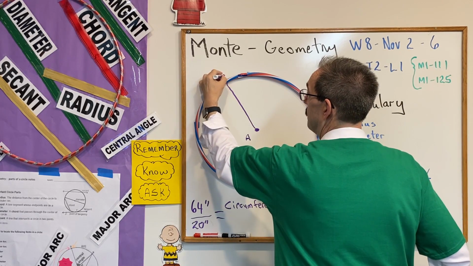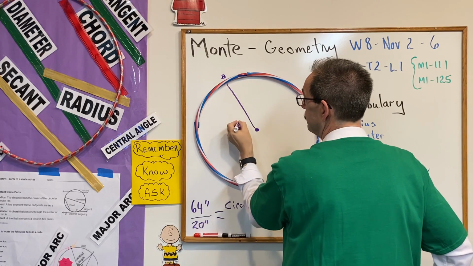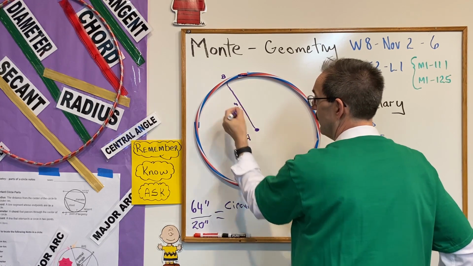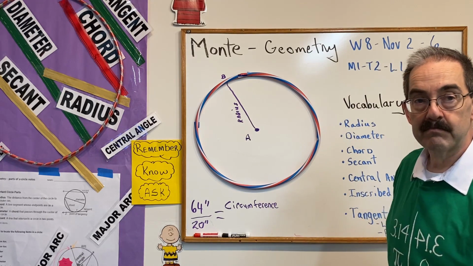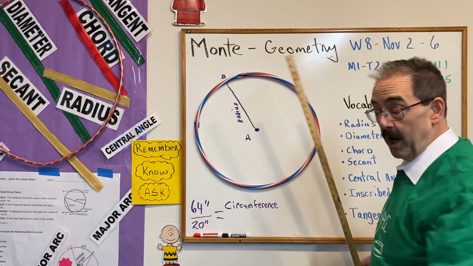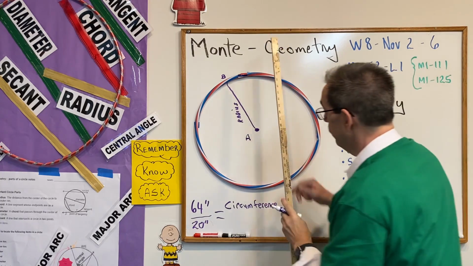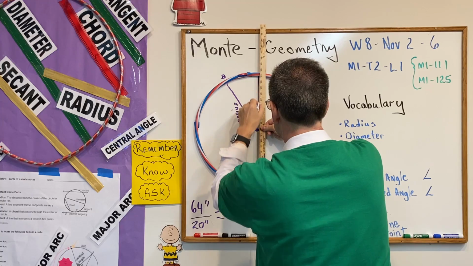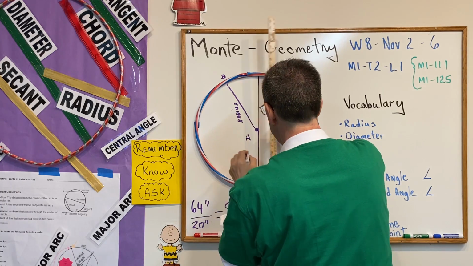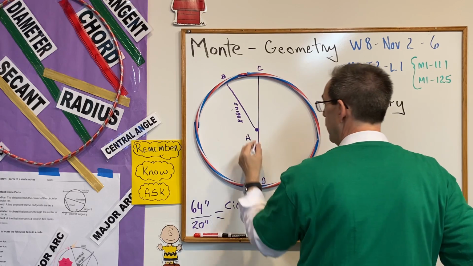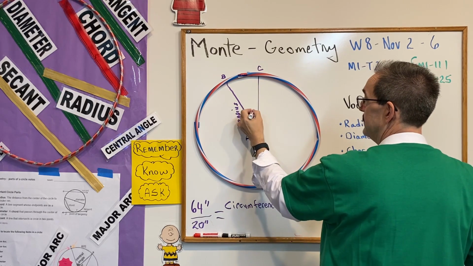We'll call that point B, and that's a radius. So now we got the radius. Now, if we take the radius and go all the way across, that's called a diameter. Okay, so we'll put this here, and we'll just go all the way top to bottom. Okay, we'll call that point C. We'll call this point D, and this is called a diameter.